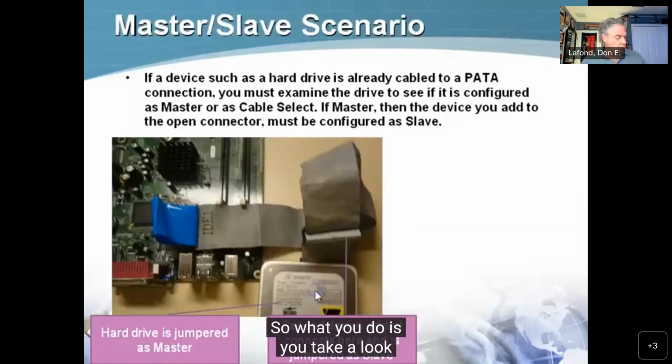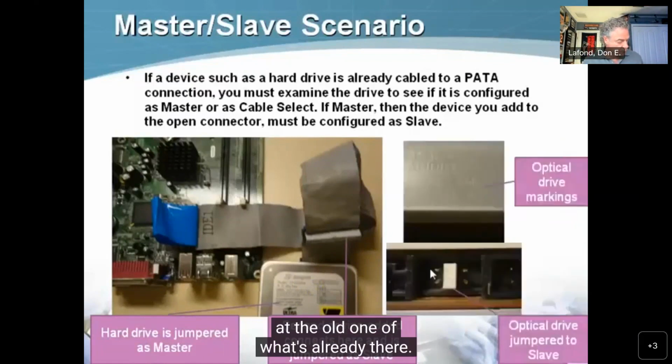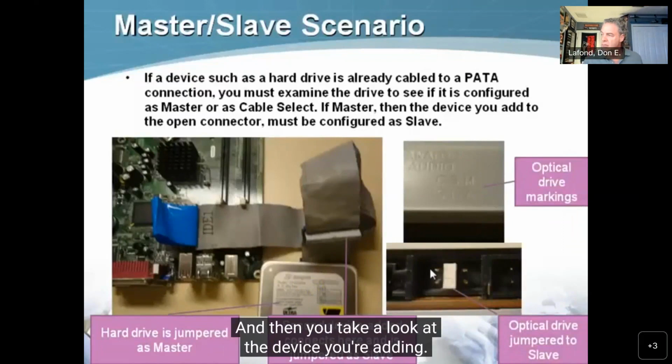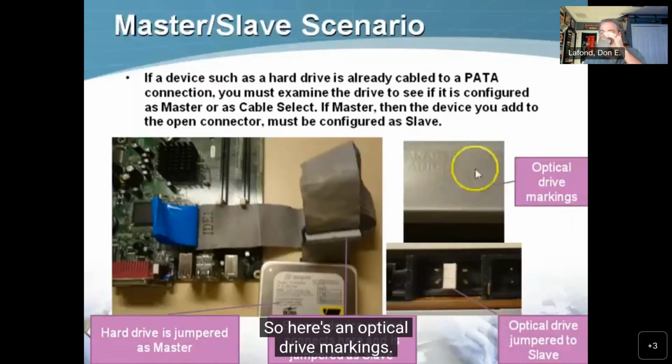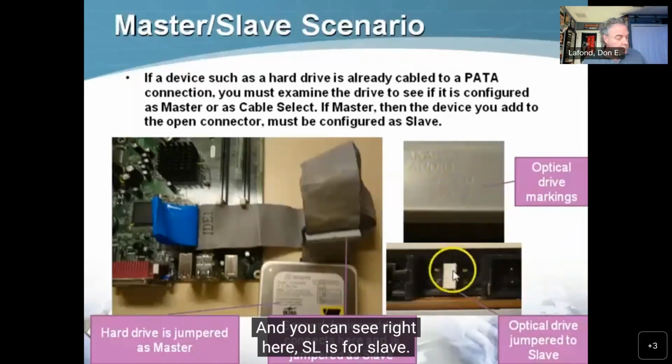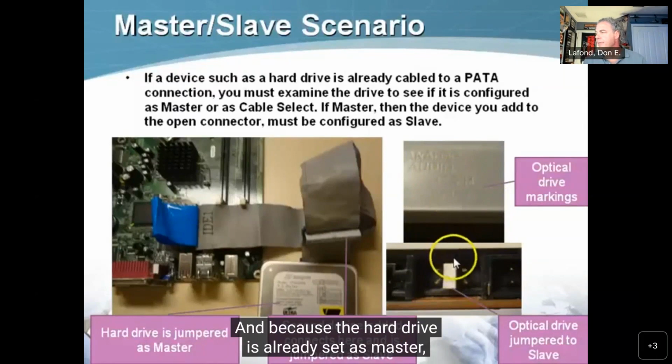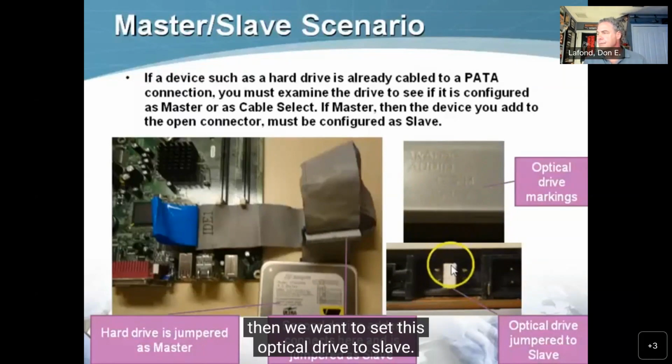So you take a look at the old device already there, and then at the device you're adding. Here are the optical drive's markings, and you can see SL is for slave. Because the hard drive is already set as master, we want to set this optical drive to slave.